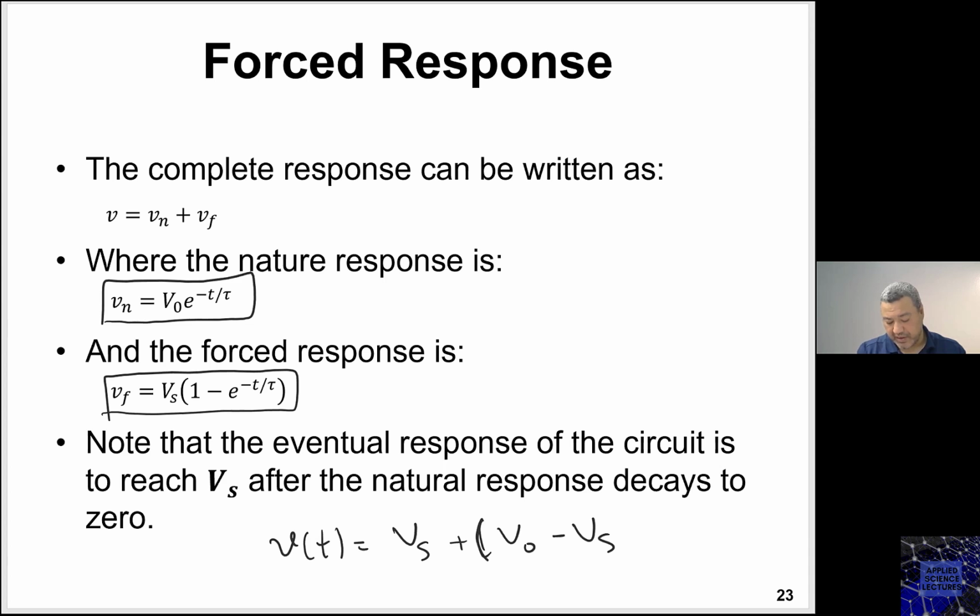Vs is the same. So I need to find the value of the capacitor at the steady state, but in the second circuit, not the first one. I need to find the initial value, and I need to find the tau. The tau is calculated from the second circuit.